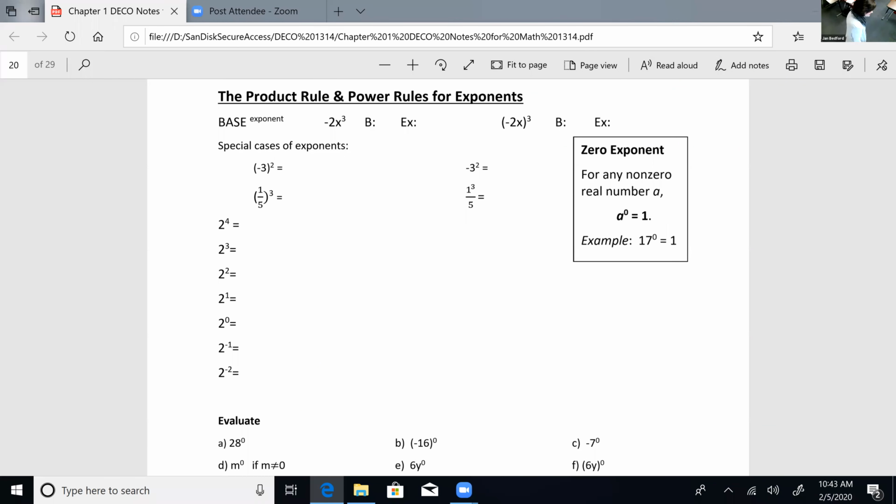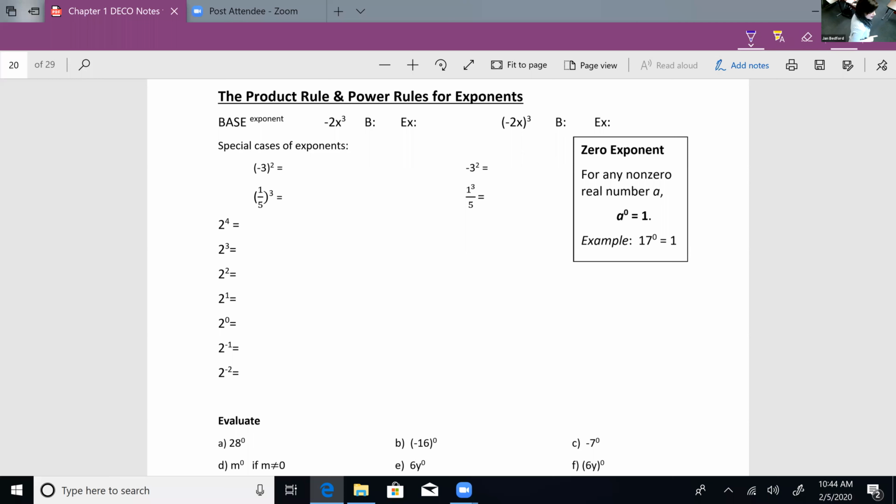And remember, we talked about that because another way of thinking about something raised to the 0 power is the same thing as x to the 3rd over x to the 3rd, which our exponent rules tell us we would subtract the exponents, but we also know that any number divided by itself is 1. So that's why any number to the 0 power will always equal 1.